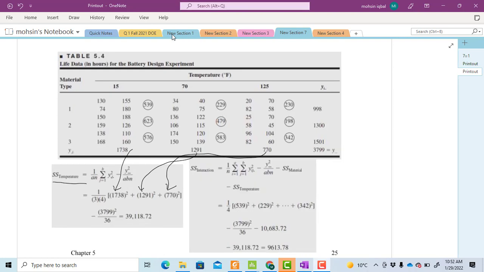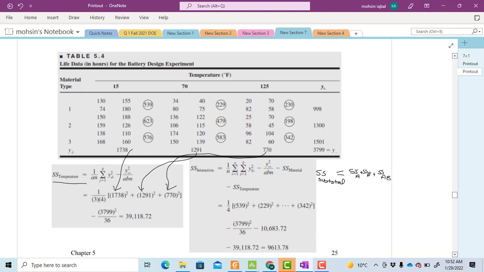Now we will calculate the sum of squares of the interaction of material and temperature. Please keep in mind that in the case of factorial designs, we first have to calculate the sum of squares of the subtotals, and this sum of squares subtotal will be equal to the sum of squares of A plus the sum of squares of B plus the sum of squares of AB.